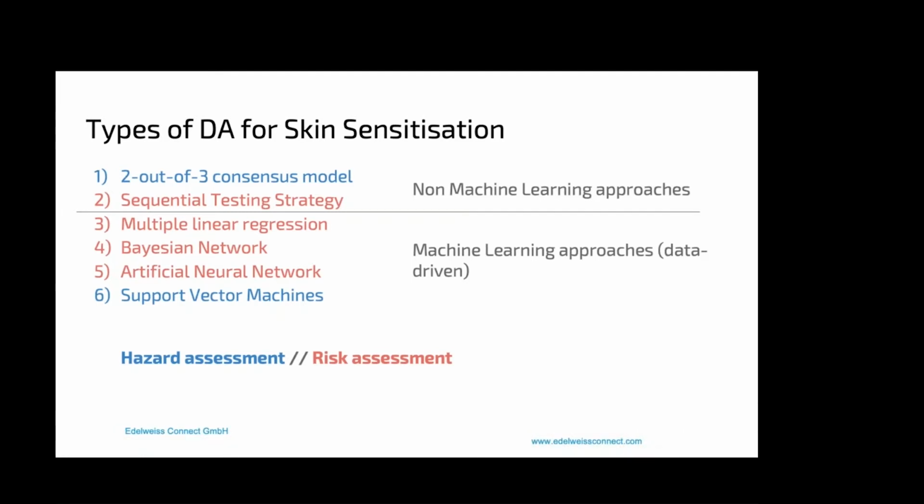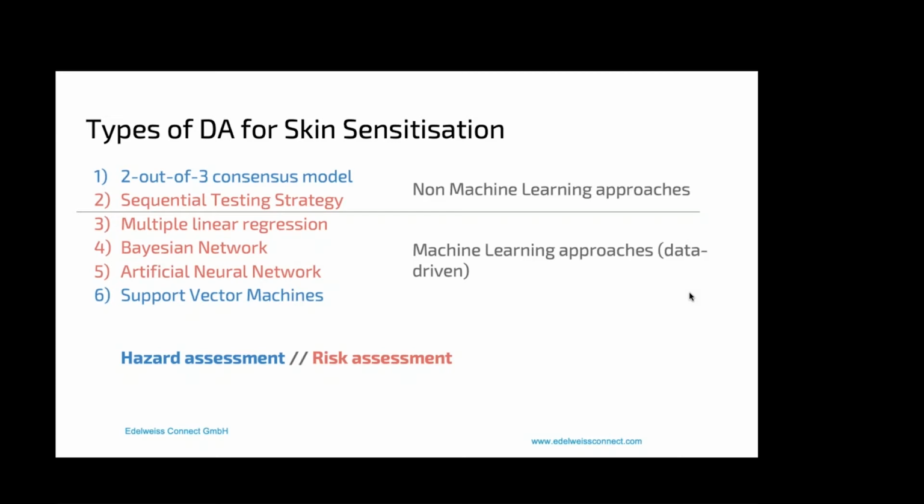And here is a list of defined approaches that are used for skin sensitization. It is not a complete list, there are more, but I think these 6 are more reproducible if you look into the published papers, and they're relatively easier to reproduce compared to the others. The first 2 are really simple approaches, and they are not machine learning approaches, so they use simple rules.